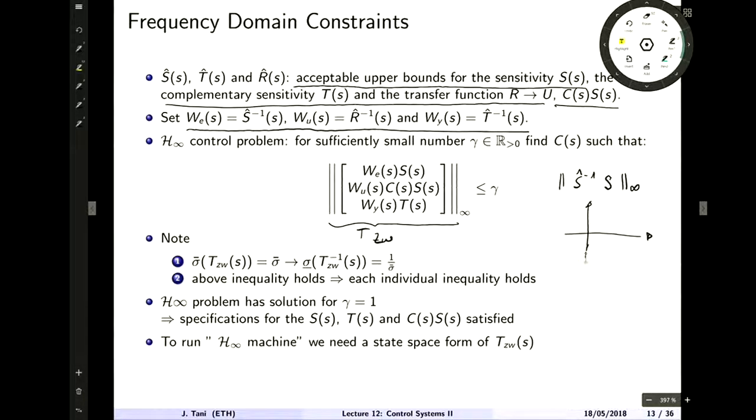It means, let me draw that here. So let me change the color. I changed the color too quickly. That was not a good idea. So S hat inverted.